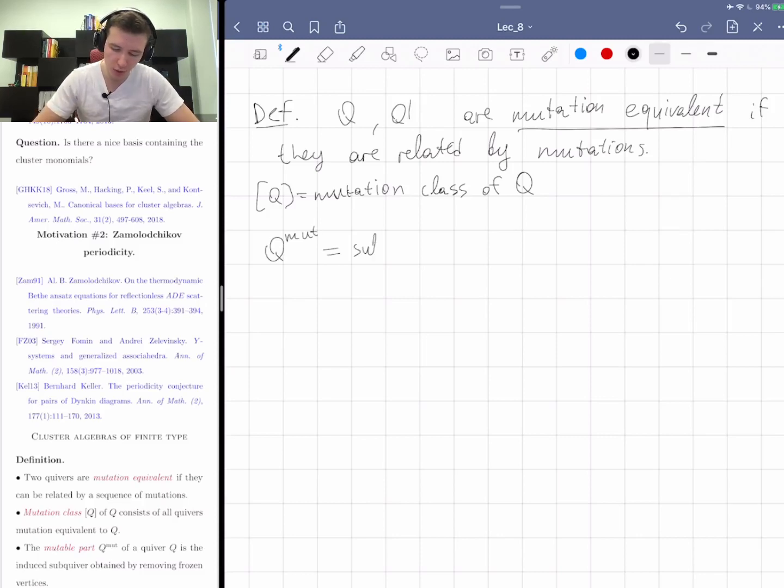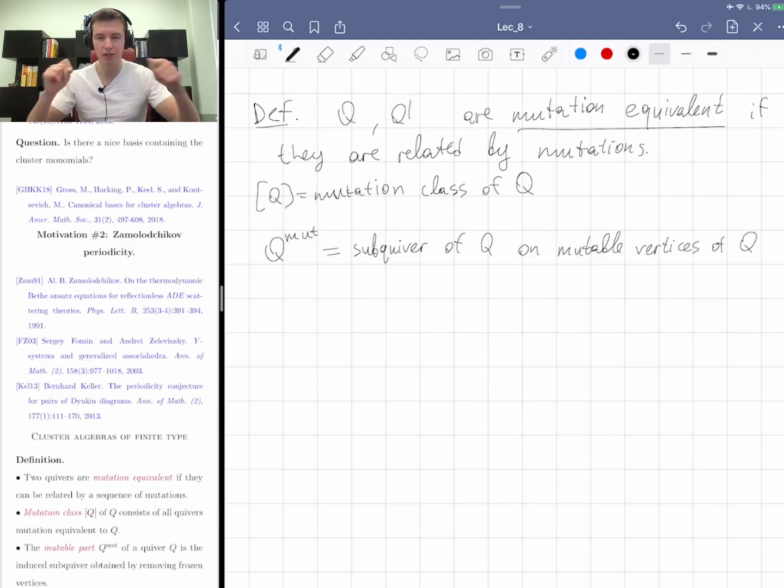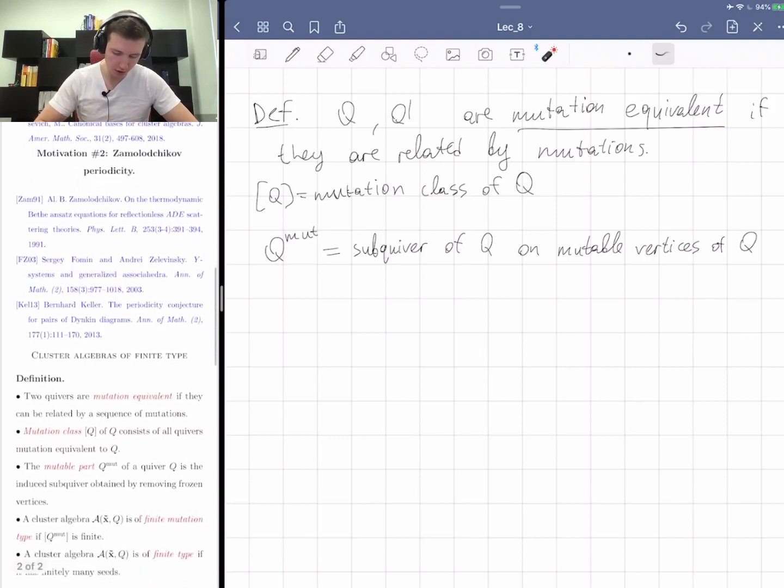That's the subquiver of Q where I only take the subset of all mutable vertices. I delete all frozen vertices, and the rest is called Q mut. Now here are the two definitions. All of this should not come unexpected to you.